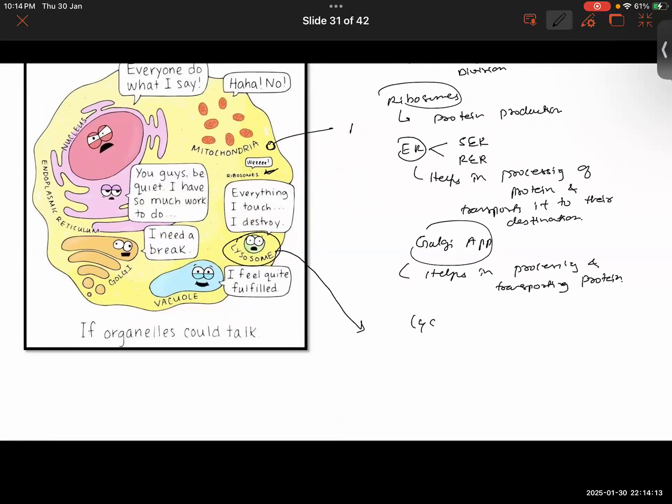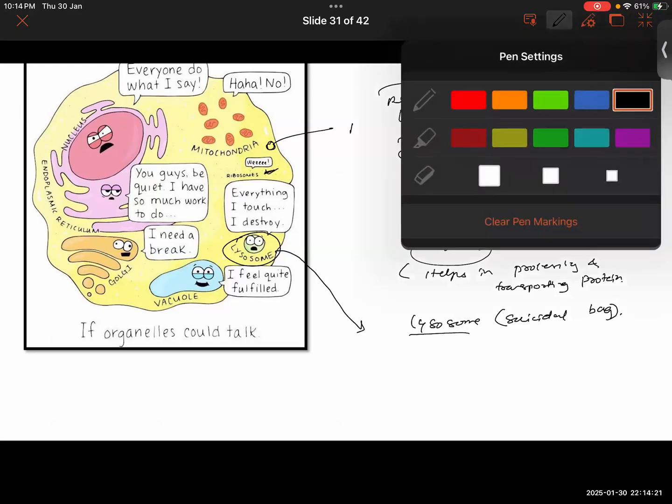The lysosome is called a suicidal bag. Quite an interesting name it has got.